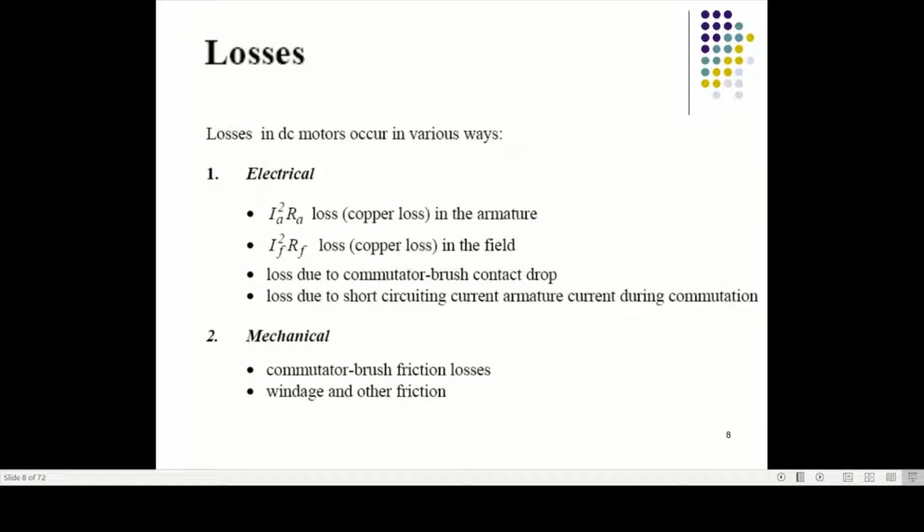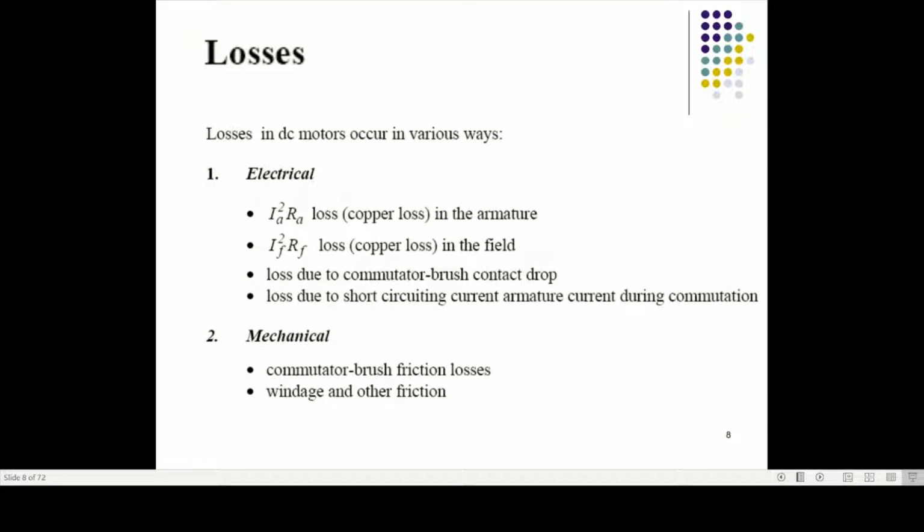Some parts of input power get wasted in various forms. The form of this loss may vary from one machine to another. These losses give rise in temperature of the motor and reduce the efficiency of the motor. This is somewhat you feel that your motor is getting hot.